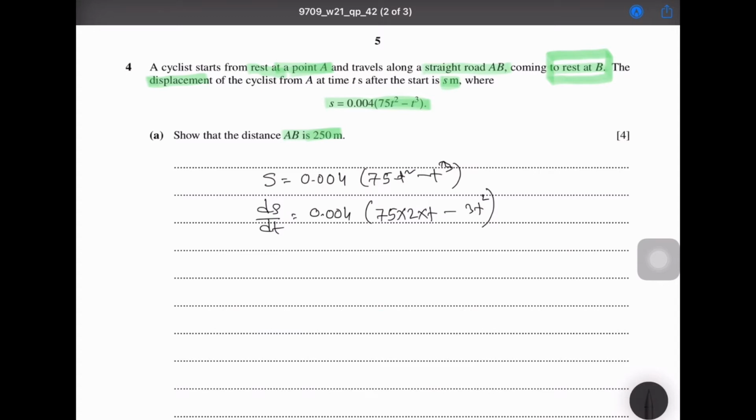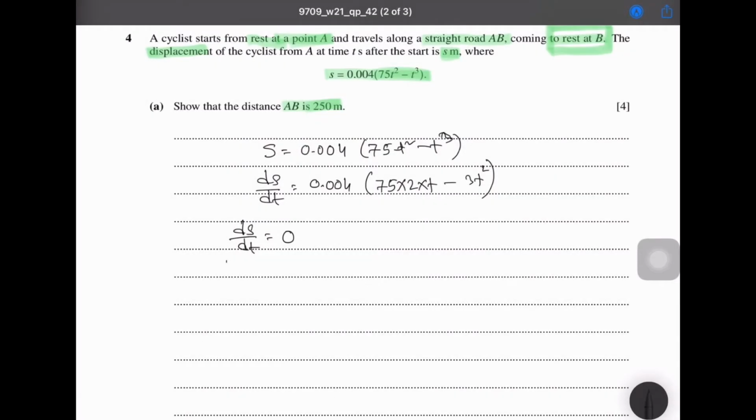At rest, ds/dt equals 0. So let me write here 0.00475 times 2, that is 150t minus 3t square equals 0.